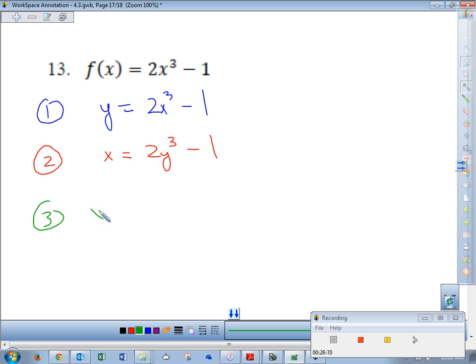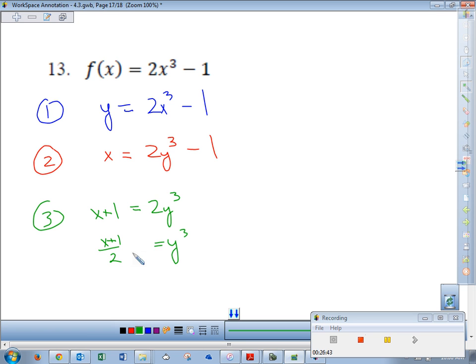First move, add 1. Next move, divide by 2. There's many ways to divide by 2. I'm going to make it easier on myself and do it all over. I'm going to say y cubed equals x plus 1 all over 2, instead of 1/2 x plus 1/2.